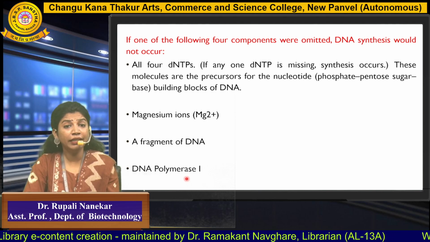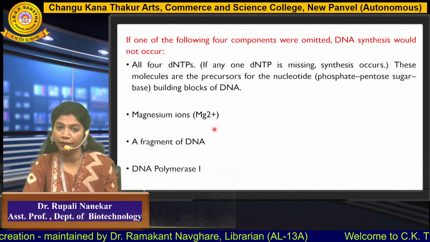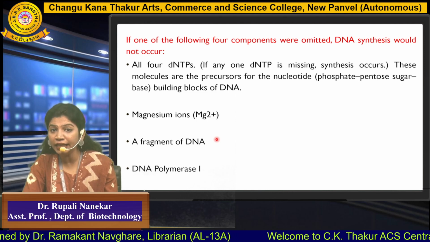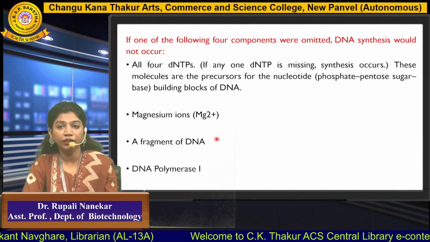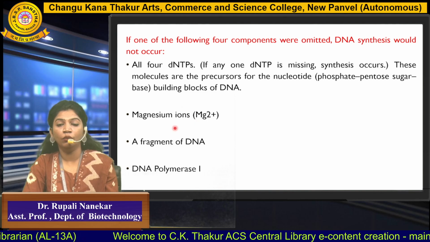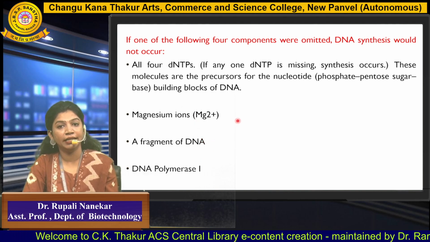Other than that, DNA polymerase, also known as Kornberg enzyme, plays a significant role. This DNA polymerase has proofreading activity and helps in synthesizing new DNA. Without dNTPs, magnesium ion, the DNA fragment or the polymerase, we cannot carry out DNA synthesis.